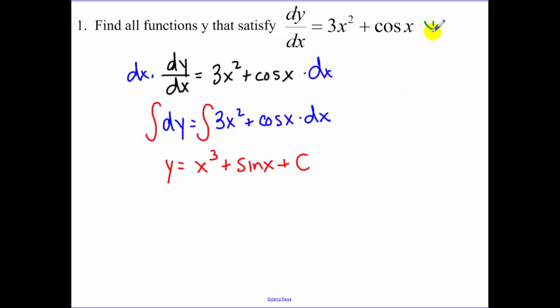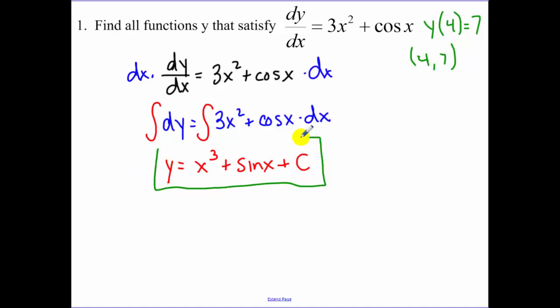Sometimes they might say that y of 4 is equal to 7. That means that the point (4, 7) is on our graph, and then we'd have to solve for c. And we're actually going to do an example of that next. Okay? But this would be our answer because they don't give us any initial condition.